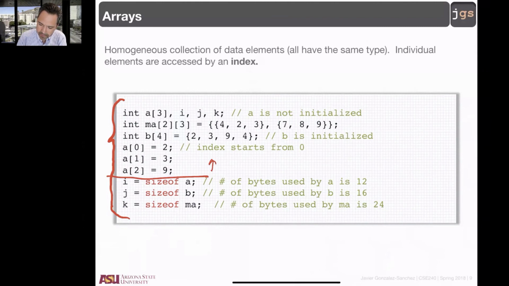Line number 1. What is happening? I am doing a declaration of some variables, right? Which variables? How many variables?